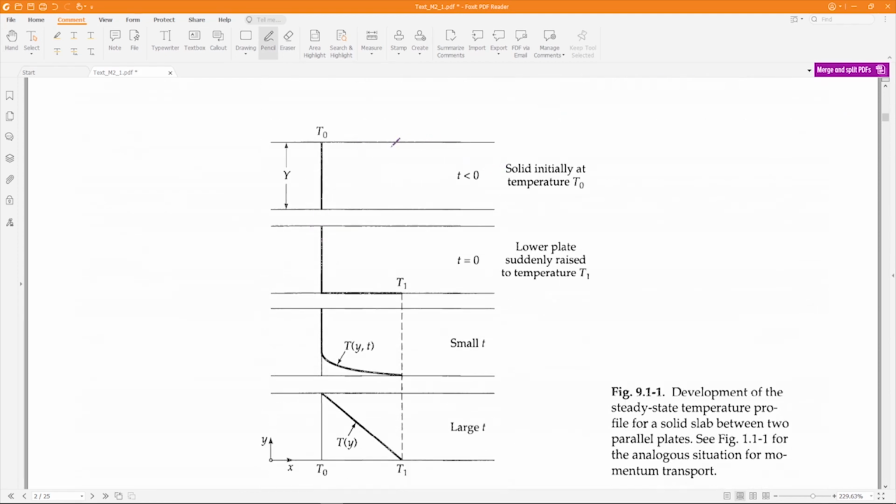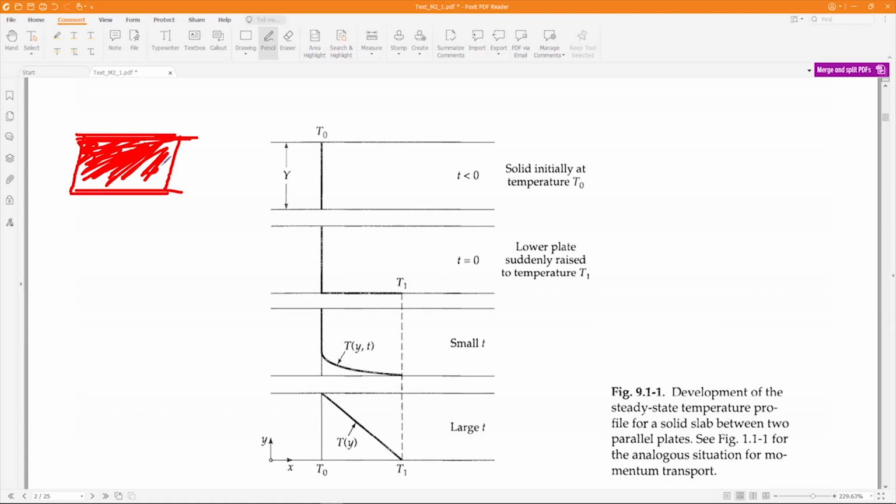So assume we have two plates. These are solid plates, actually a slab. This is the top plate and this is the bottom plate.